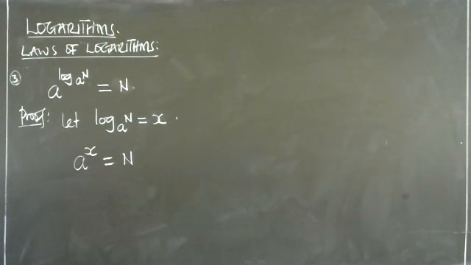Is there any other way we can explain this? I think it is kind of direct. There's no big proof we can do here. Now, this law can be further expanded.